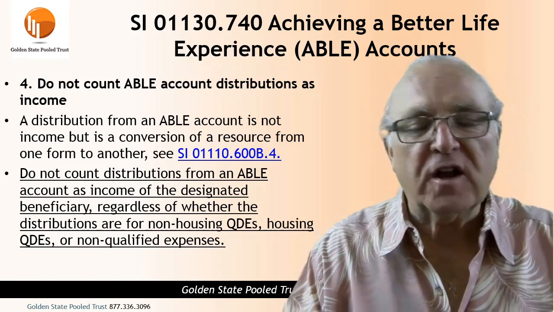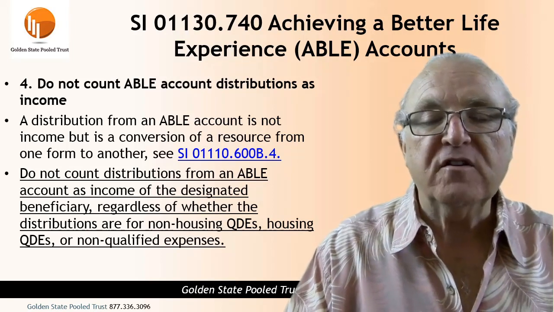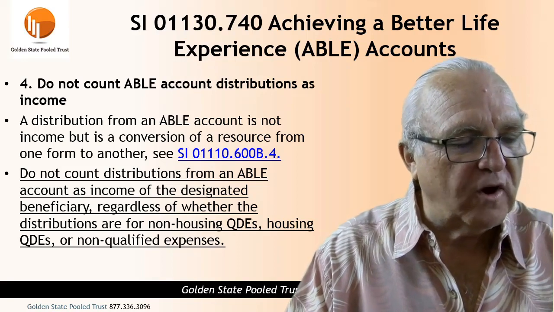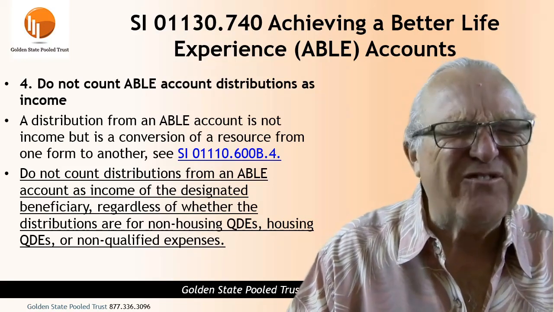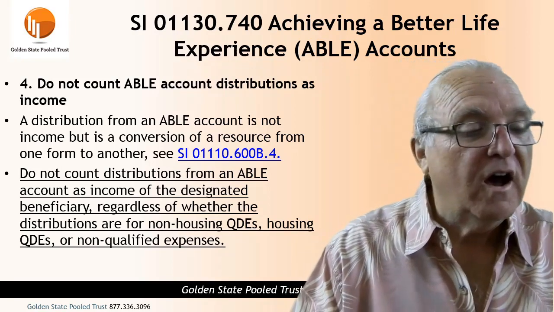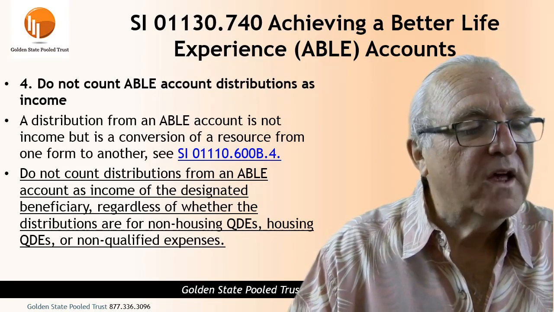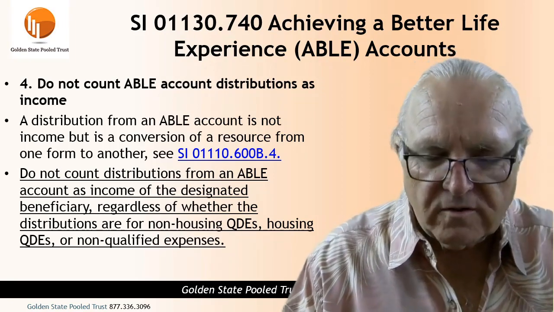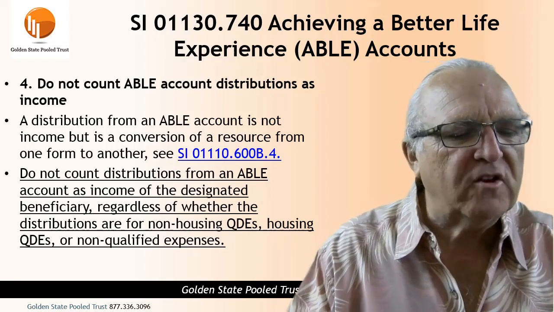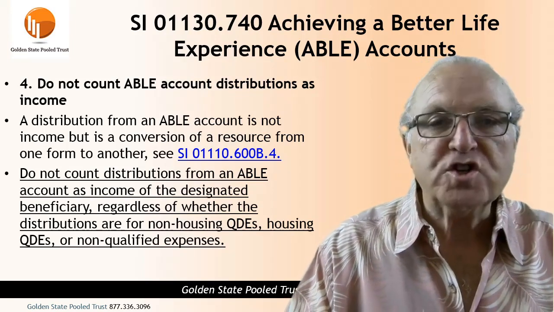For those of you that have been following our different ABLE programs, under federal law, usage of this program is not to be counted, except in some rare situations, by SSI, Medicaid, and even HUD. Once again, this is telling us that Social Security eligibility workers are not to count payments from ABLE accounts, no matter what they're used for, including paying for shelter items.